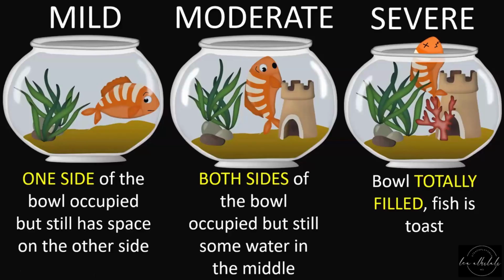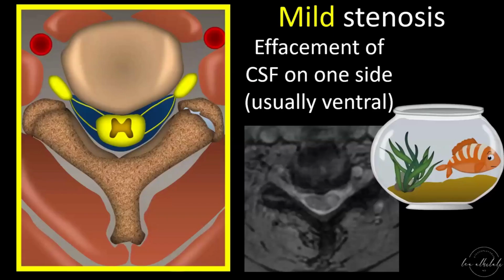Moderate means you've added probably a little too many decorations, and now the fish doesn't have too much room to swim, and it's on both sides. And severe means you went all out with the decorations, and there's literally no more room for the fish to swim. So there's no room for the cord. So mild canal stenosis, think of the fishbowl as the ventral and dorsal CSF.